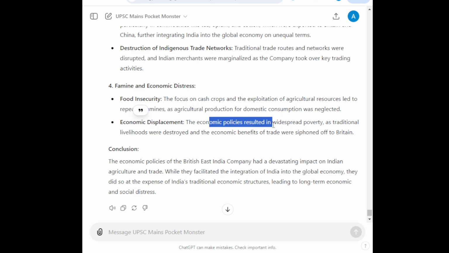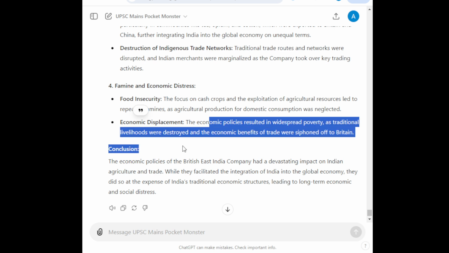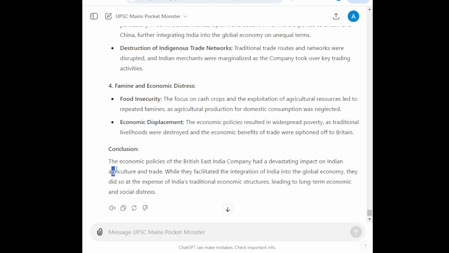The economic policies resulted in widespread poverty as traditional livelihoods were destroyed and the economic benefits of trade were siphoned off to Britain. Conclusion: the economic policies of the British East India Company had a devastating impact on Indian agriculture and trade. While they facilitated the integration of India into the global economy, they did so at the expense of India's traditional economic structures, leading to long term economic and social distress.